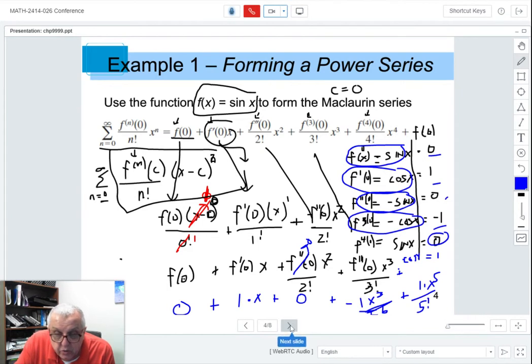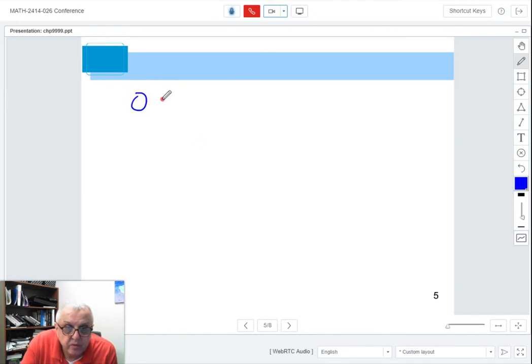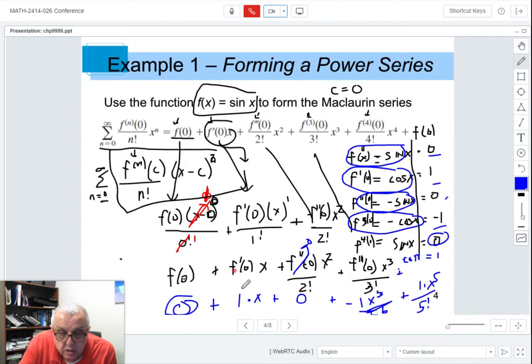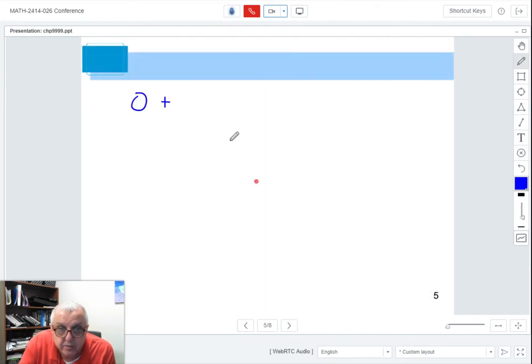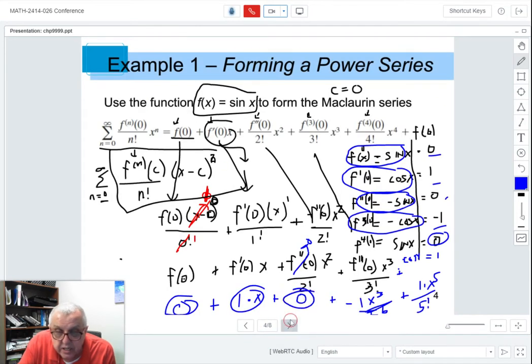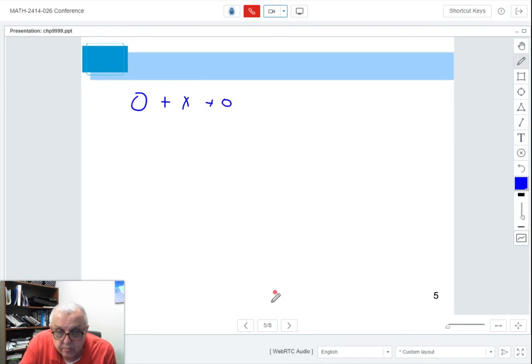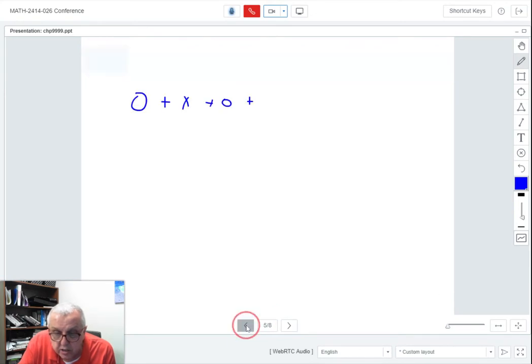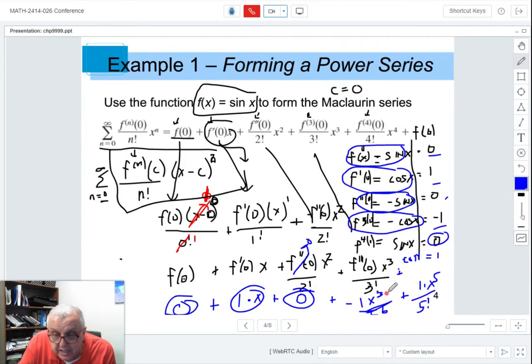So if we look at this whole thing, we have 0 as the first term. Then we have x as the second term. Then we have 0 as the third term. And we have negative x to the third over 3 factorial, which is 6.